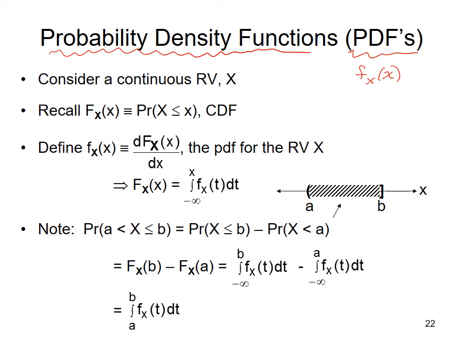Okay, so suppose we start with a continuous random variable, capital X, and we recall that the definition of capital Fx of x is just the probability that the random variable, capital X, is less than or equal to the number, little x, and that's called the cumulative distribution function.